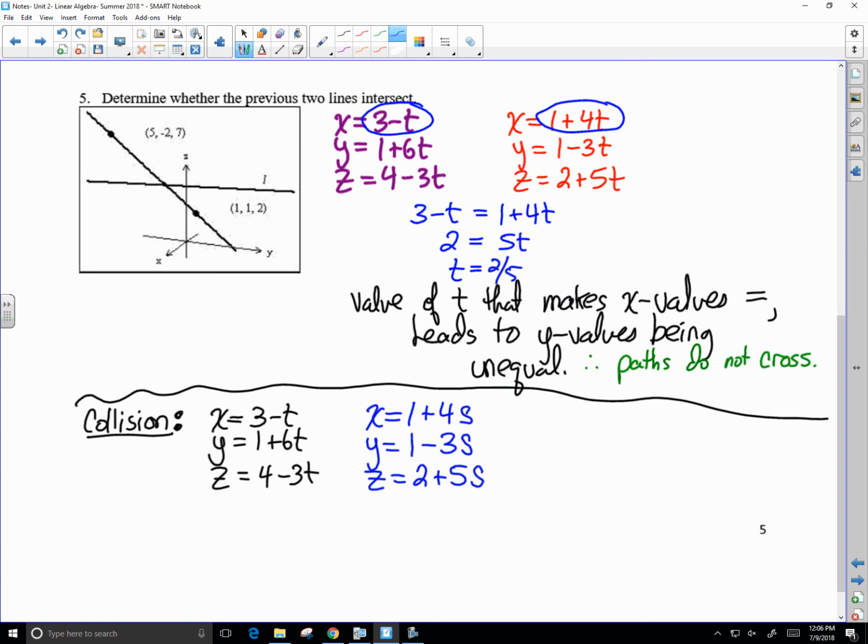So maybe this is going at a distance of 100 miles, but at 50 miles an hour, and this is 100 miles going at 70 miles an hour. So the units would necessarily be different, and therefore, if we allow both equations the same independent variable, that's assuming that they're both operating on the same level.